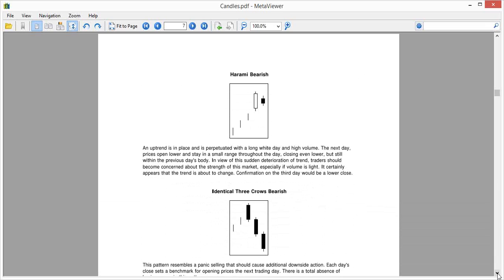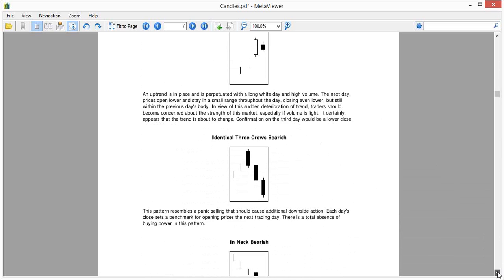It certainly appears that the trend is about to change. Confirmation on the third day would be a lower close. So we have our close that wasn't above, and the market is low volume, and we're looking for confirmation to sell off on the next session.